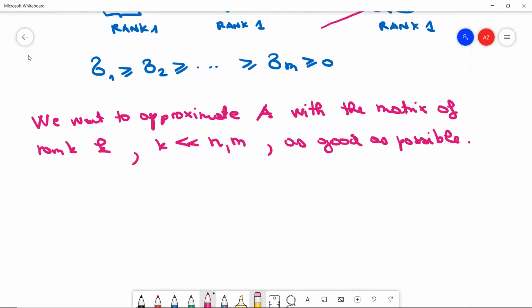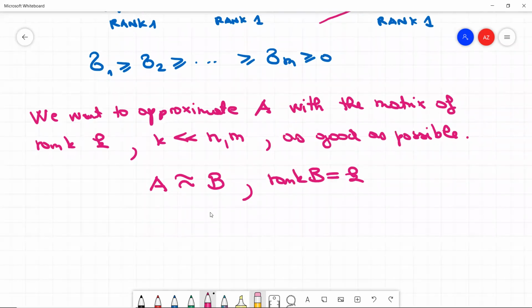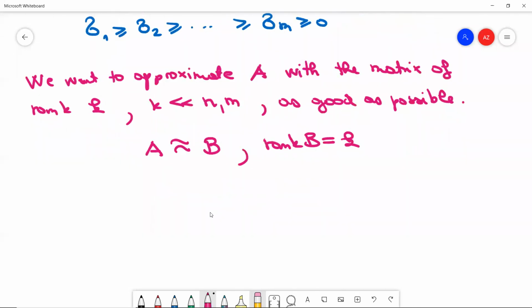So we would like that A is approximately B, where B is of rank k. The rank of B is k. And we want this approximation to be as good as possible. What do you think is the best choice for B?